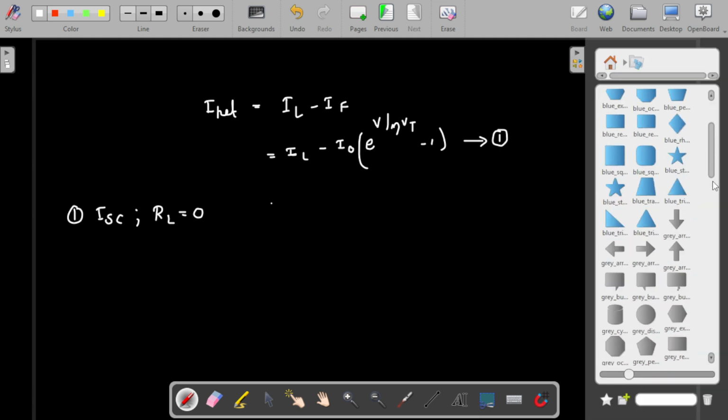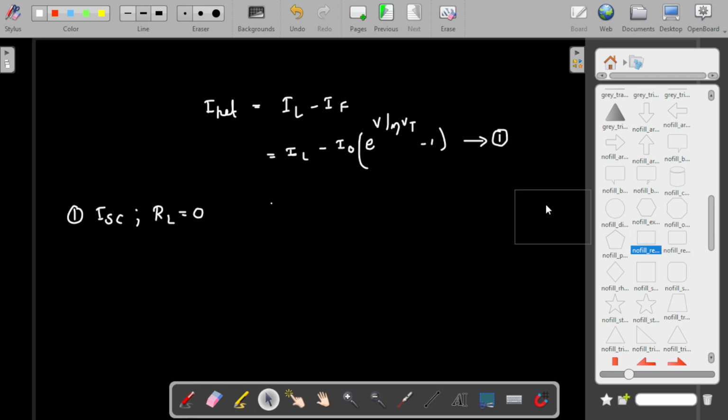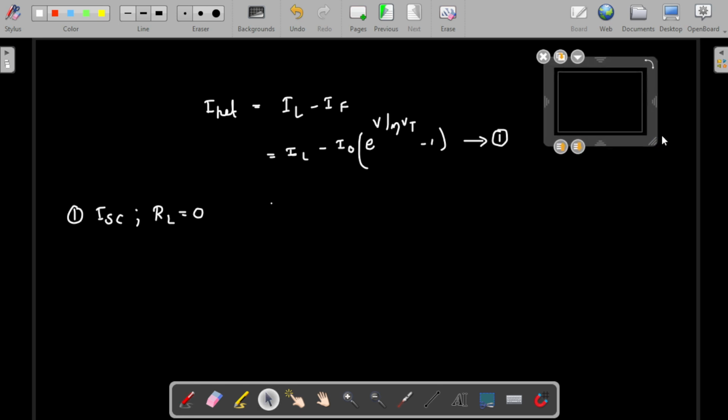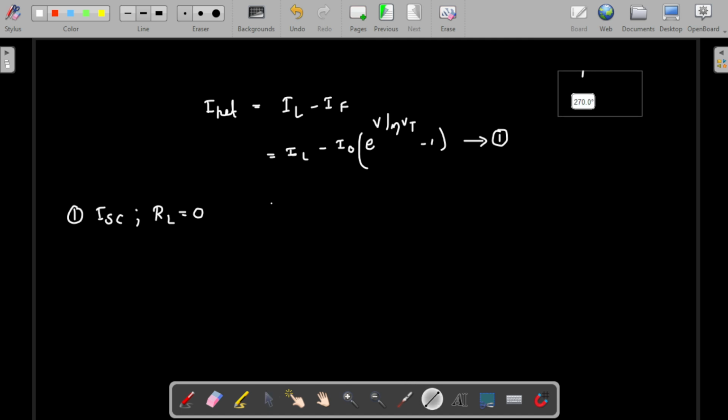Let me draw the solar cell so that you will be able to get it. This will be the solar cell, and this is charge carrier separation.